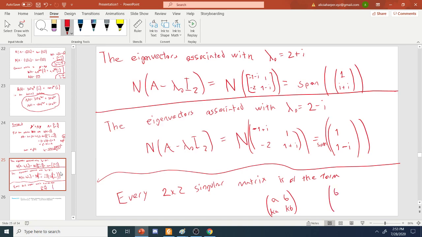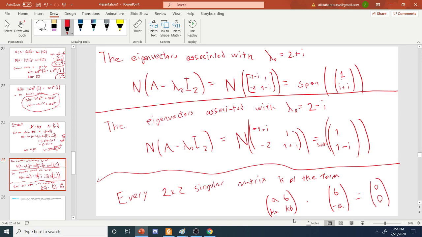If we set b here to be the first component and negative a to be the second component, you can check that when you multiply this vector by this, you get 0. So in fact, it's very easy to figure out what the kernel of a 2 by 2 singular matrix is. All you do is you reverse the order of these, and you give the bottom one a negative sign. So that's the same trick I was applying in both of these situations to figure out what the span is.